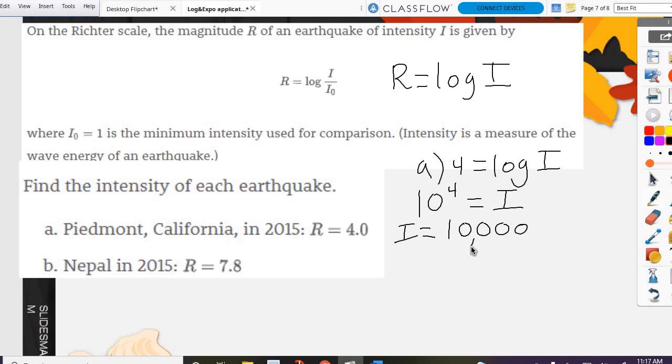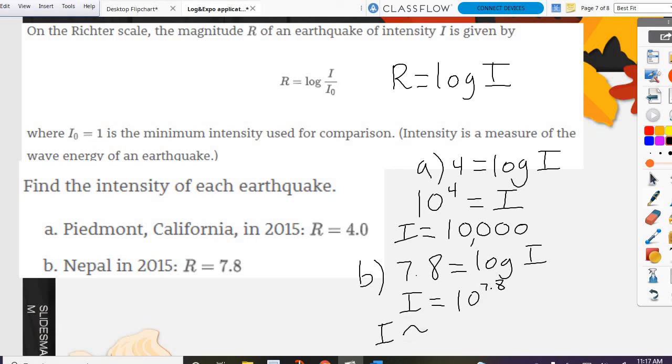Alright, so now, if we wanted to look at a 7.8, what would we do there? Same thing, but we're just plugging in 7.8 this time. So we would get that I equals 10 to the 7.8. So what do we get?